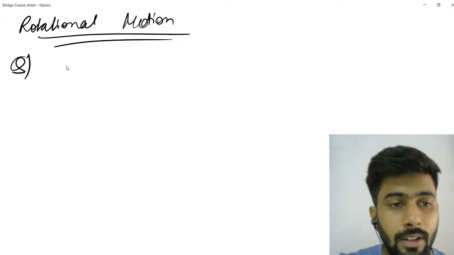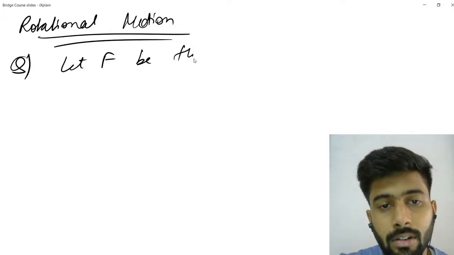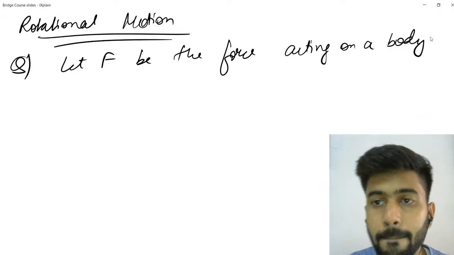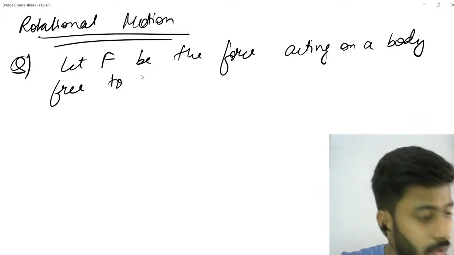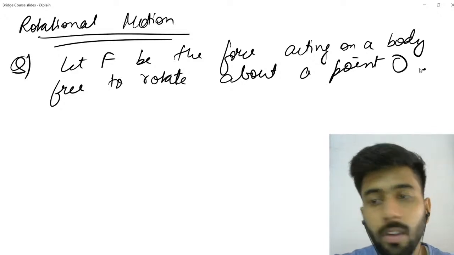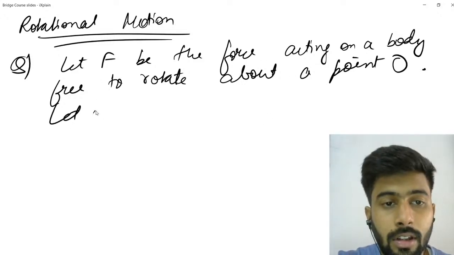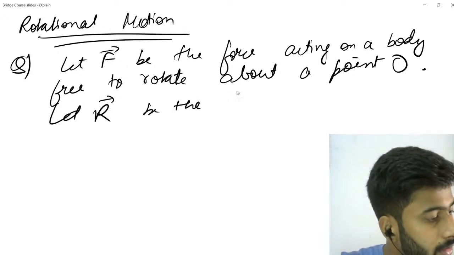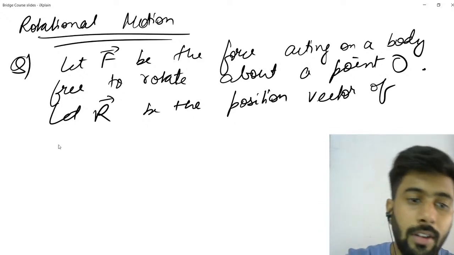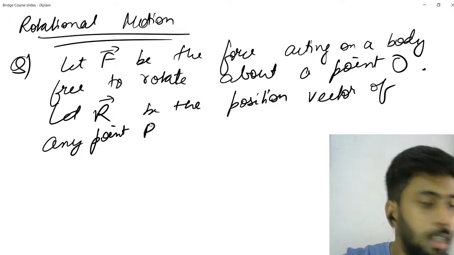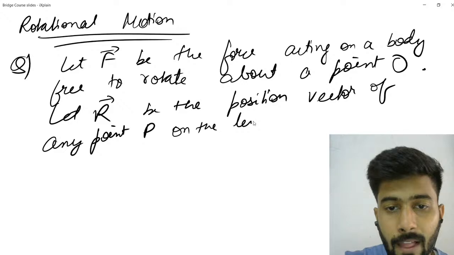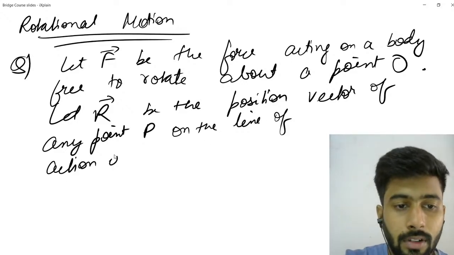And this says, let F be the force acting on a body free to rotate about a point O. Okay, and let R bar be the position vector of any point P on the line of action of force.